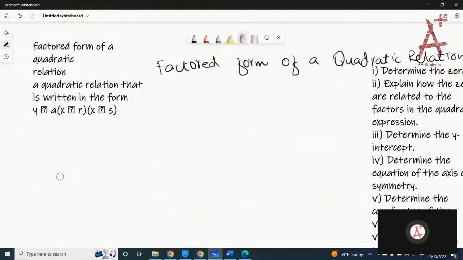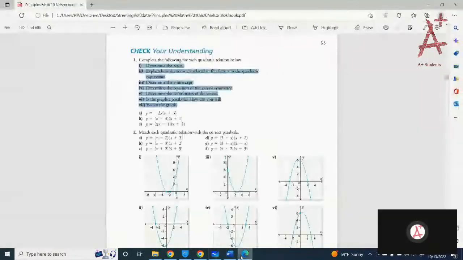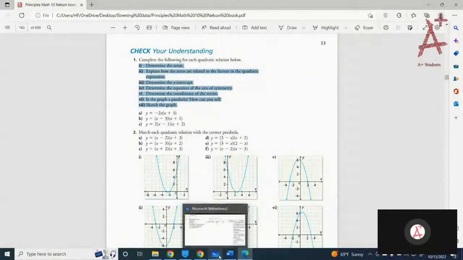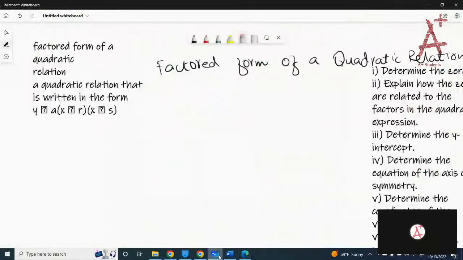The equation A is y equals negative 2x times (x plus 3).